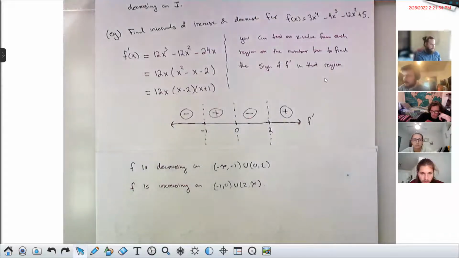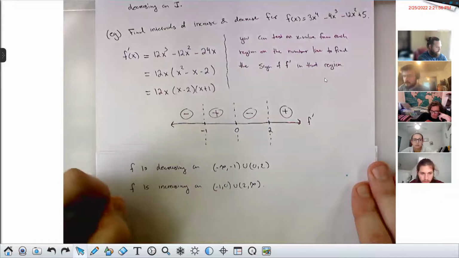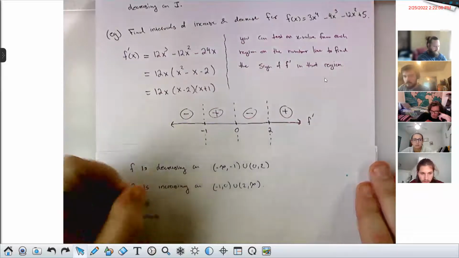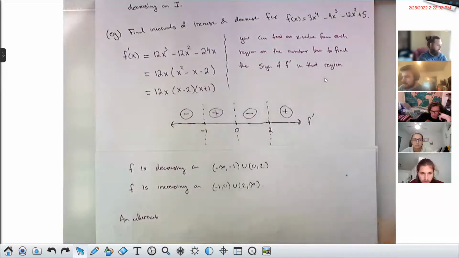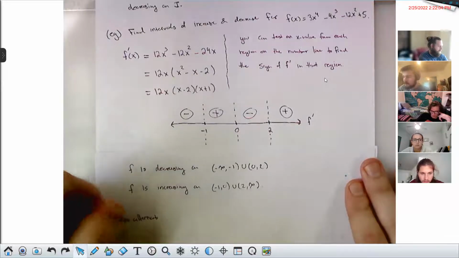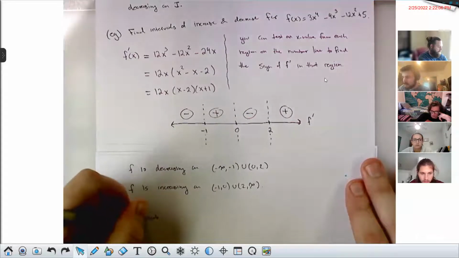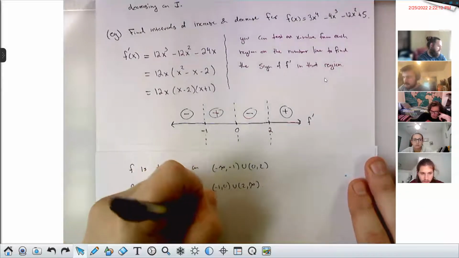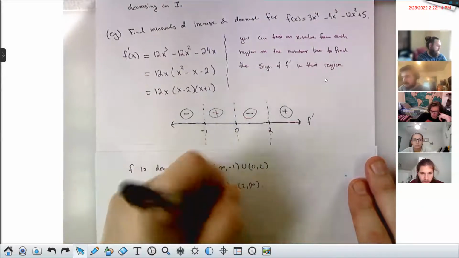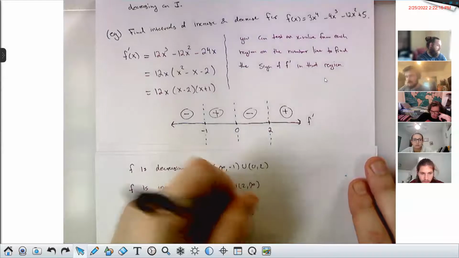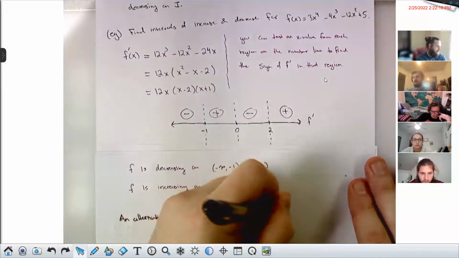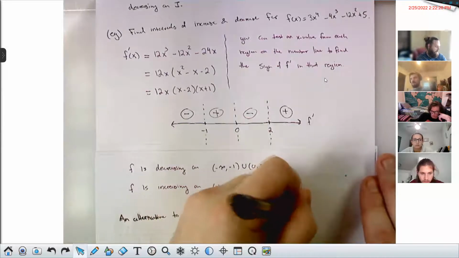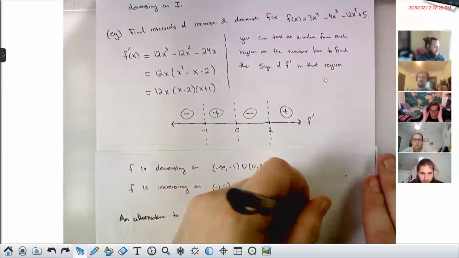The alternative to the number line is what's called a sign chart.